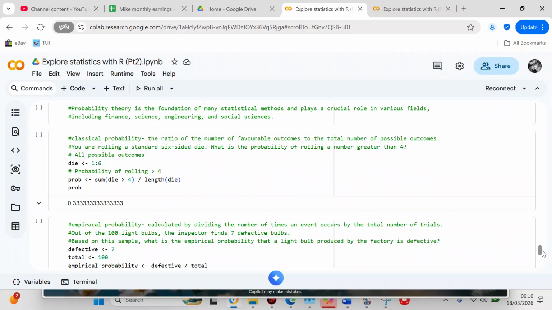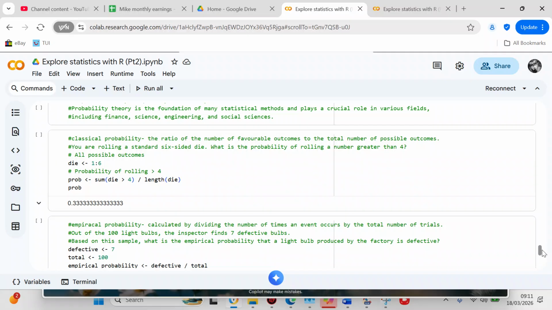There are two numbers on the die that are greater than 4, 5 and 6. So that's 2 divided by 6, or 1 divided by 3, or 33%.